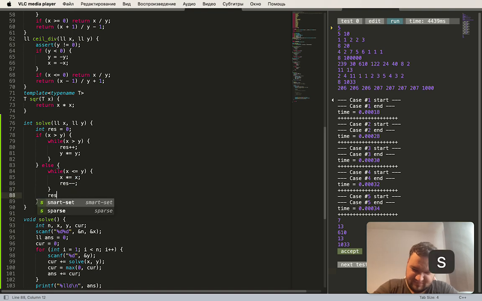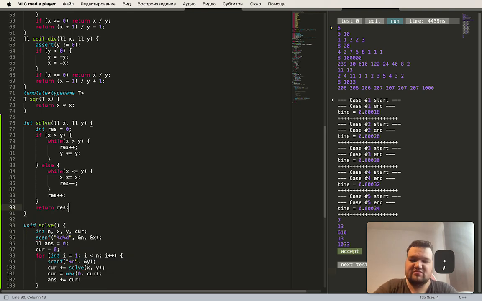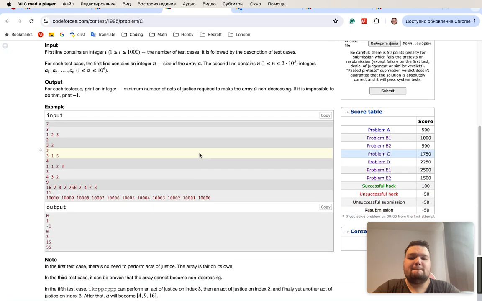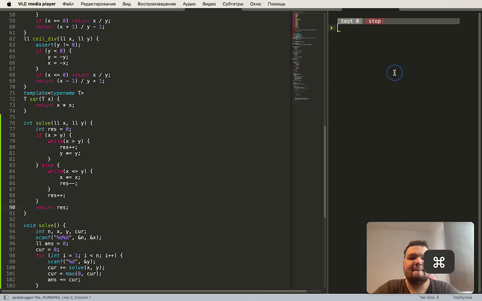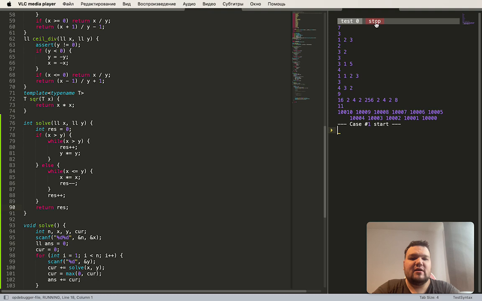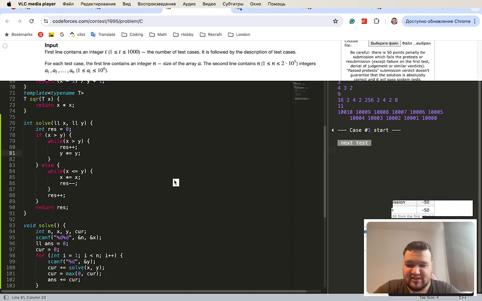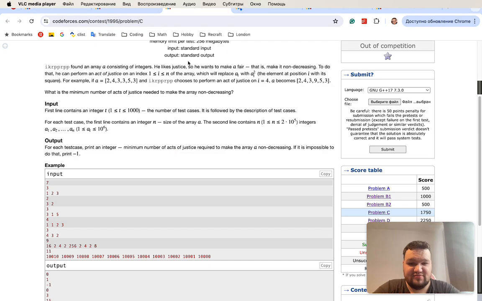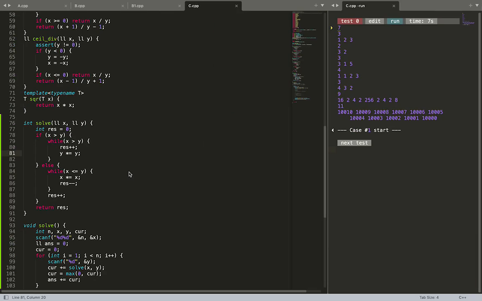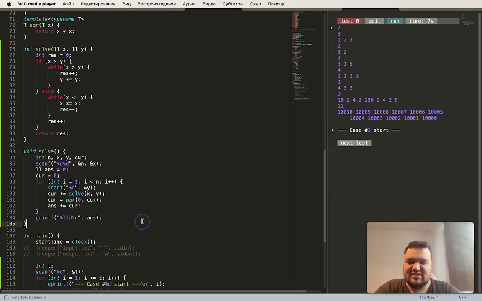For example, make plus plus here and return this. Okay, oh right, there is a special case when it's impossible. If the number is 1, we cannot do anything by squaring. So I guess it is easier to just check it here.